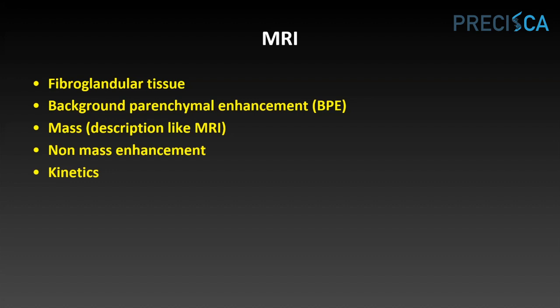And we also have something different. We have something called non-mass enhancement. And that is enhancement that goes in a line rather than forming a mass. And this non-mass enhancement can also be an early sign or a sign of breast cancer, or can be benign.